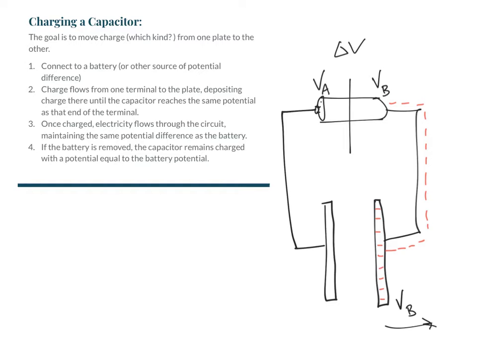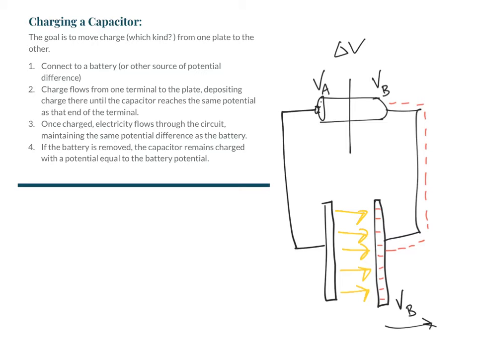And then all of these electrons over here on the right plate are going to make an electric field because charges generate electric fields. That's one of their properties. And the electric field points towards the negatives, just like we already know.